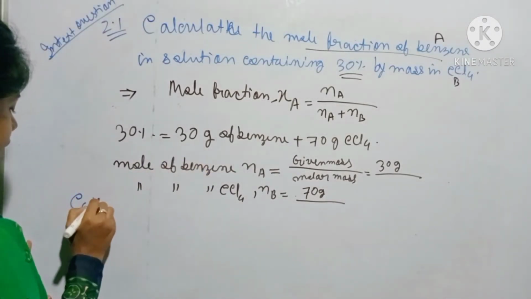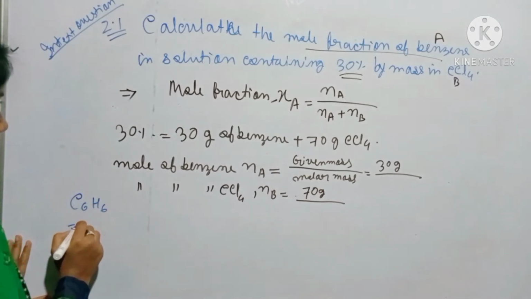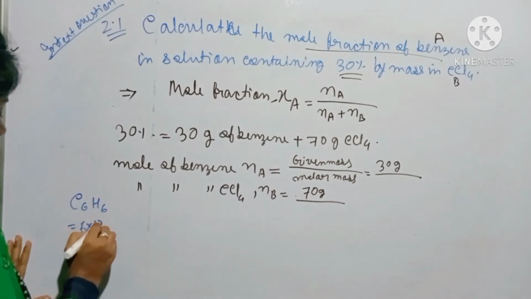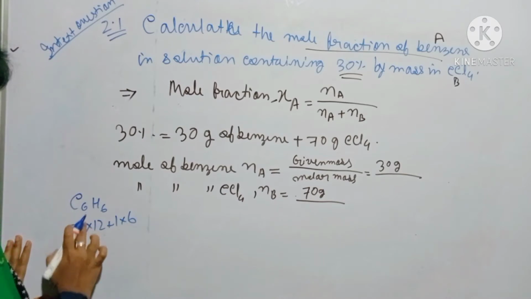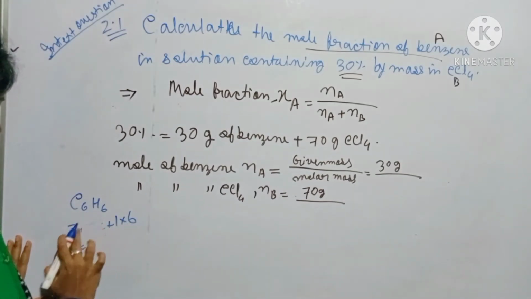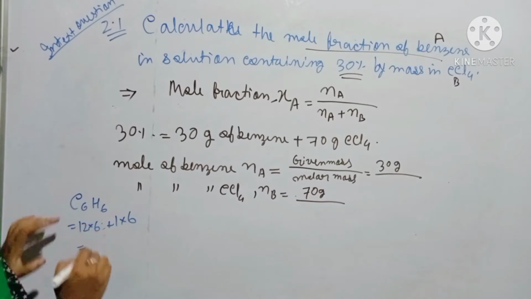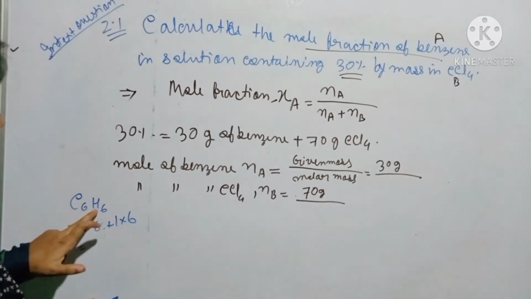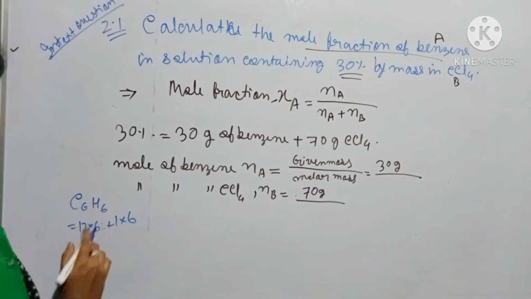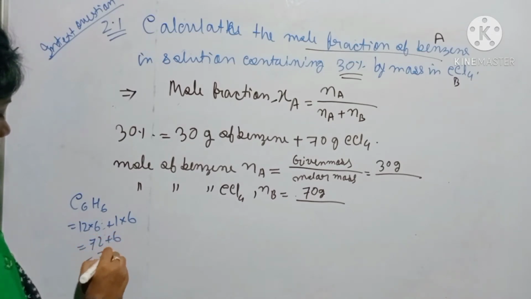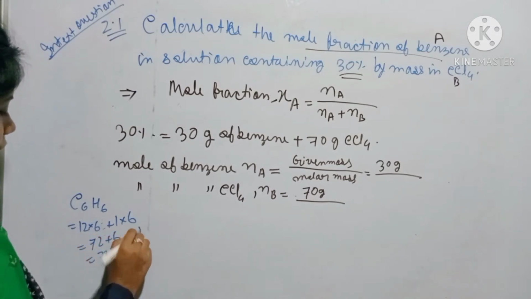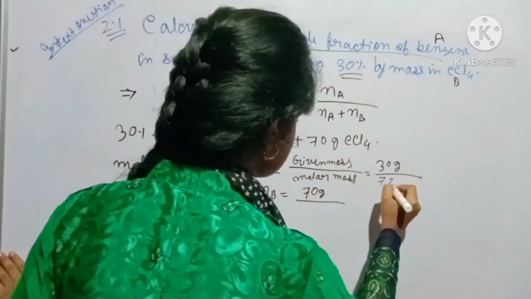The molar mass of benzene is 6 into 12 plus 1 into 6. I write it differently so you don't feel confused: 12 into 6, because the molar mass of carbon is 12 and that of hydrogen is 1, so it's 72 plus 6, 78 gram per mole for benzene.